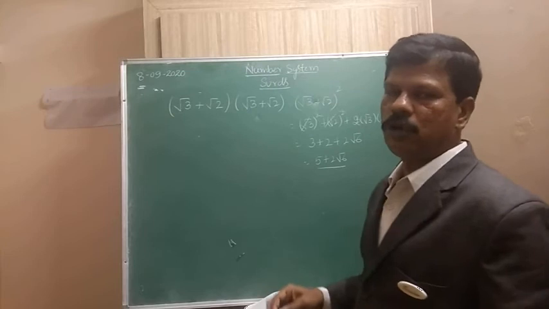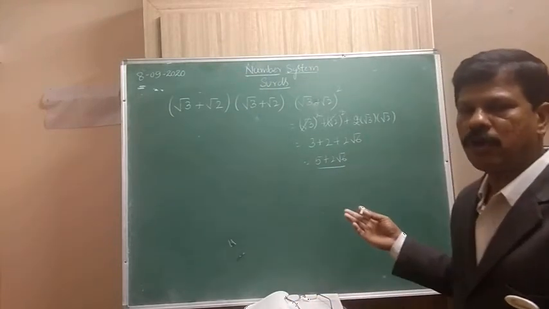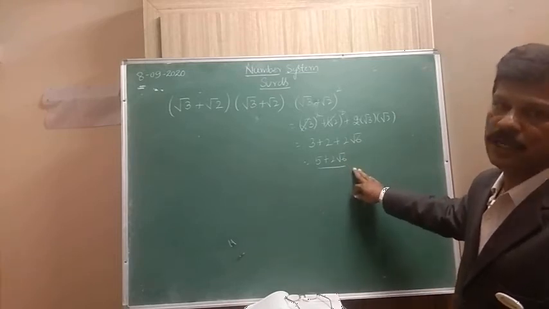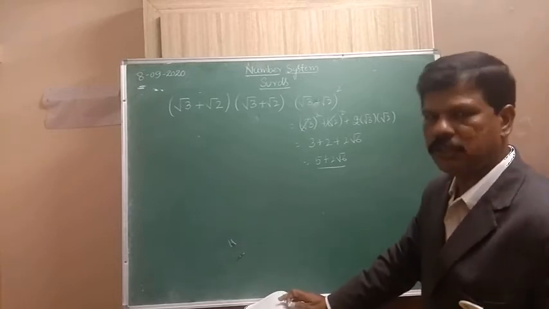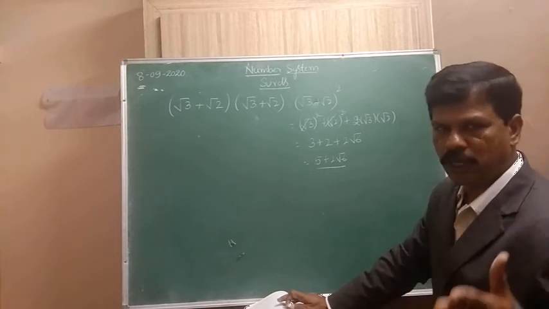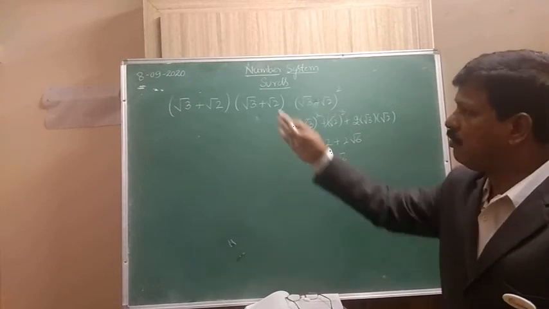Here you won't eliminate the square root symbol. You still have the square root symbol in the binomial, so it is not a rational number. The sum of a rational and an irrational number is irrational only. Therefore, this is not the RF of the given surd.